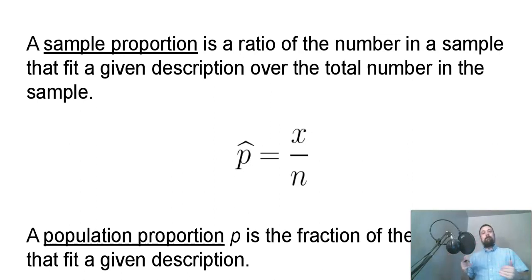So a proportion is not much different than what we were doing with the binomial distribution in chapter 5. For that, we would want to know the probability of a success on any one trial, and a way that you could calculate that probability is using what we learned in chapter 4, which is how many ways can a thing happen divided by the total number of possibilities.